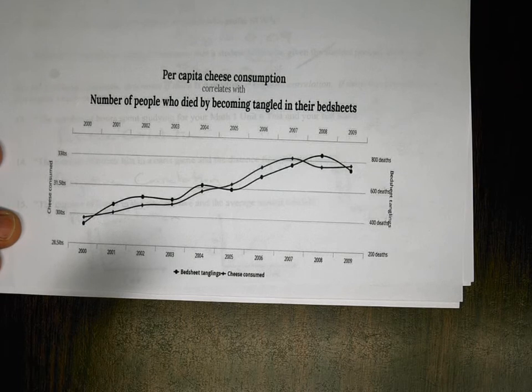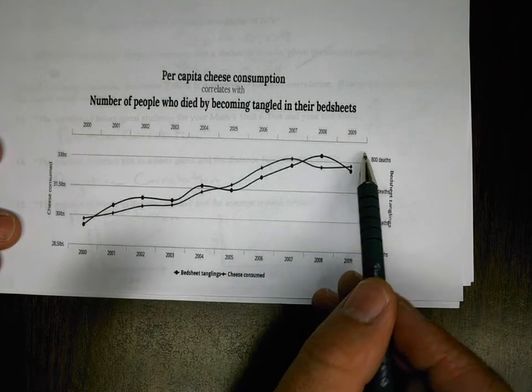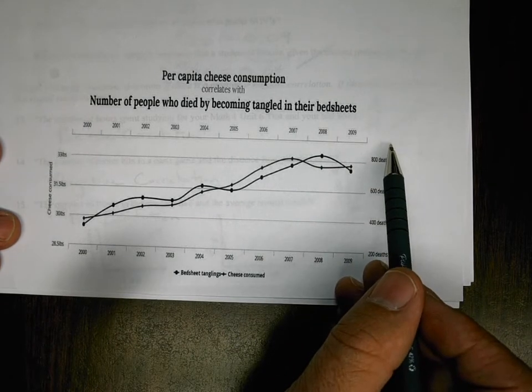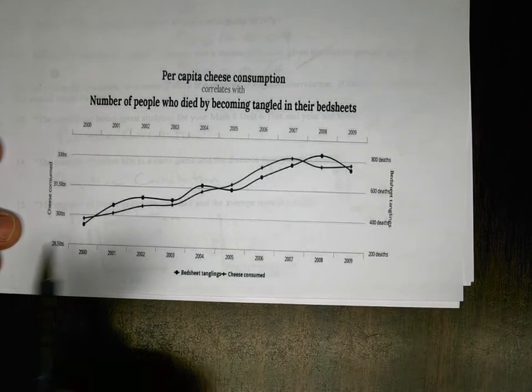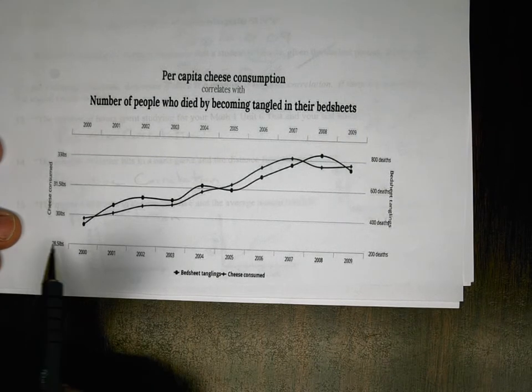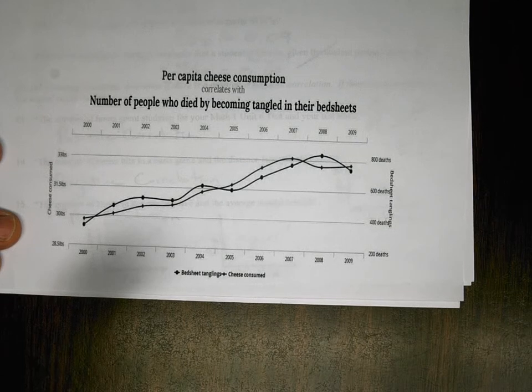So you can see that there is a positive correlation between how many people died in their bed sheets and how much cheese was consumed. So for some strange reason, I guess when people get killed in their bed sheets, all their mourners go and eat a bunch of cheese. You're lying. I don't know. No, there's no correlation, but this is true.